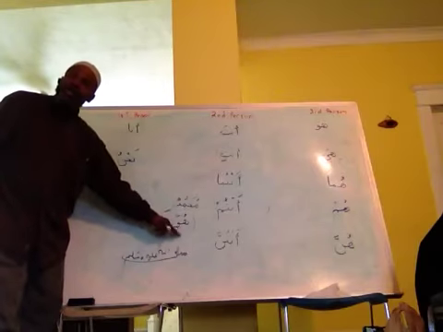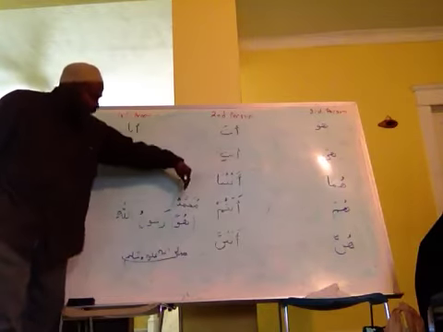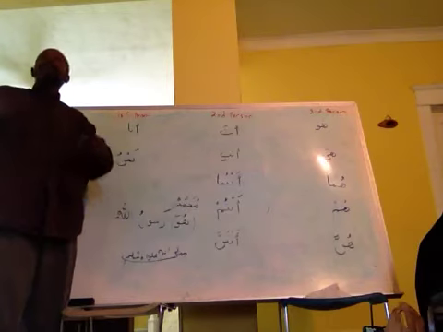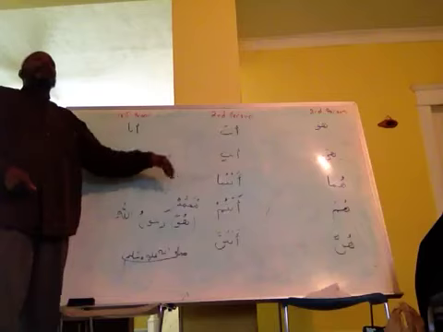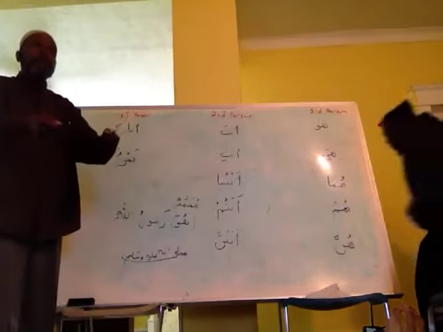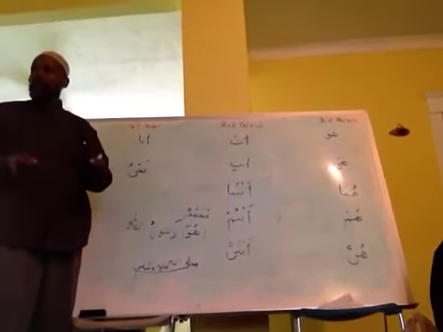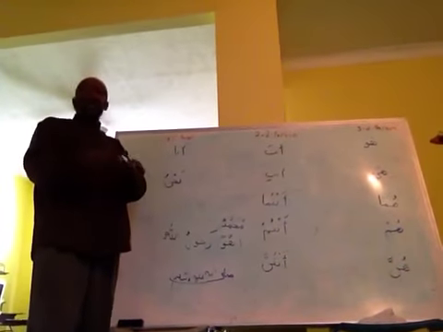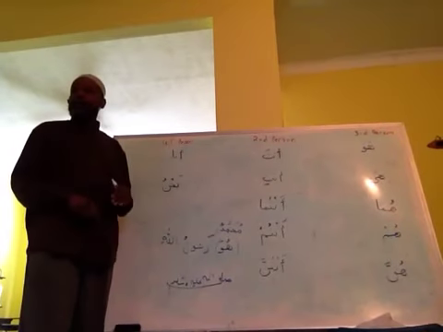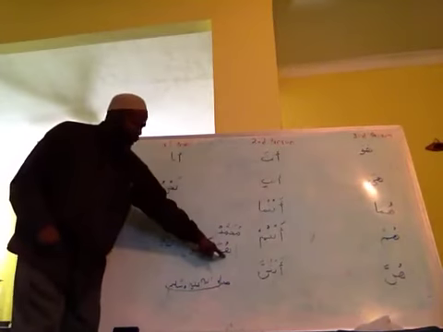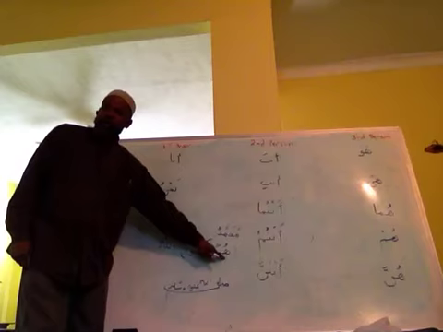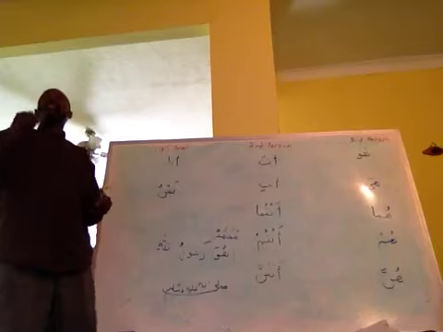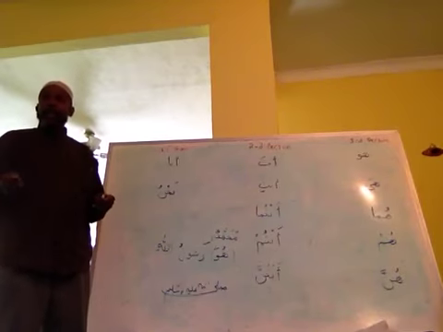Huwa is a pronoun taking the place of Muhammad. Although huwa is not subject to i'rab, it's used in that sense because it's taking the place of something that is in the case of rafa', that's marfu. Although the pronoun itself isn't marfu, because pronouns are not subject to i'rab. It's just being used as such. So these unattached pronouns are primarily used in the case of rafa'.